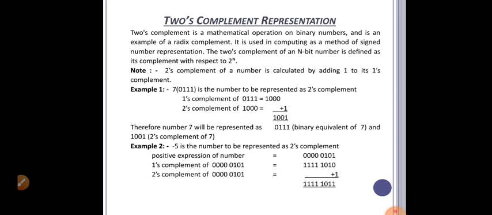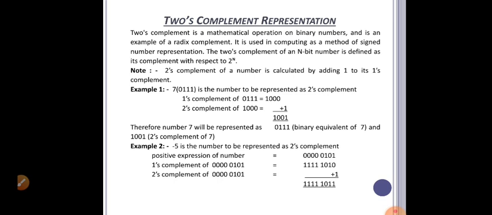The two's complement of an n-bit number is defined as its complement with respect to 2 to the power n. The definition will be more clear when I tell you the example, and this is one of the easiest topics, you can understand it very easily.